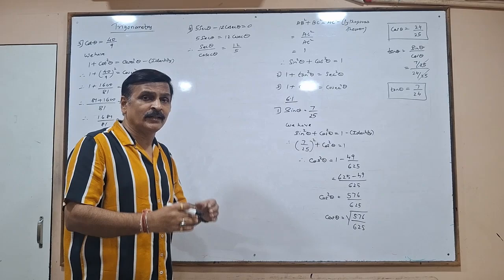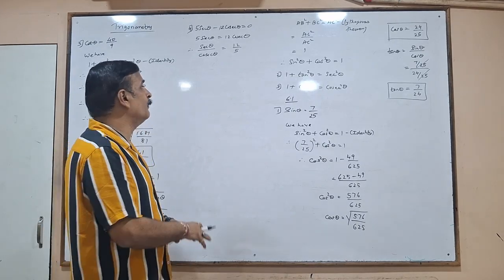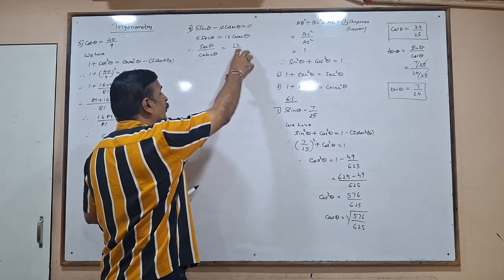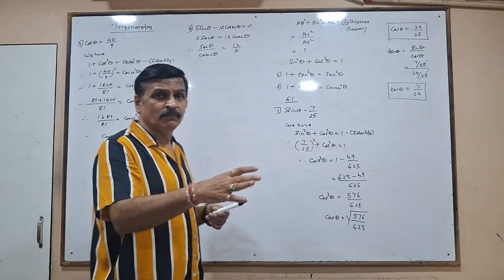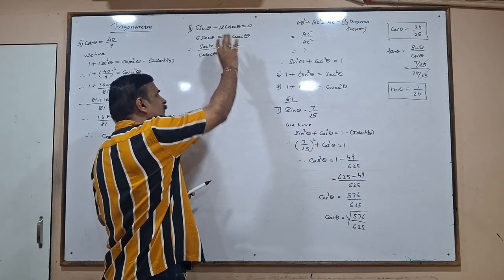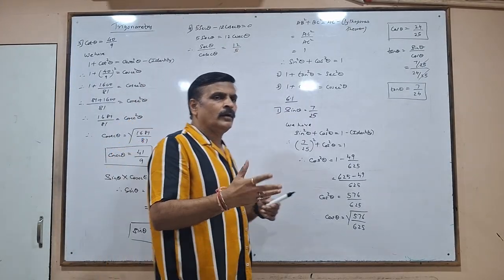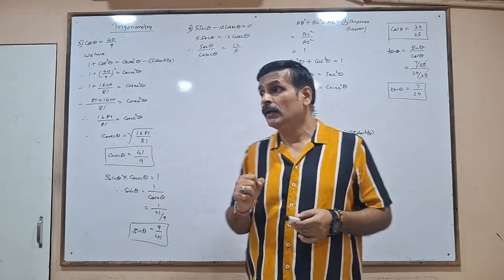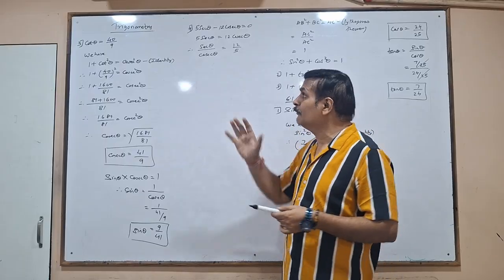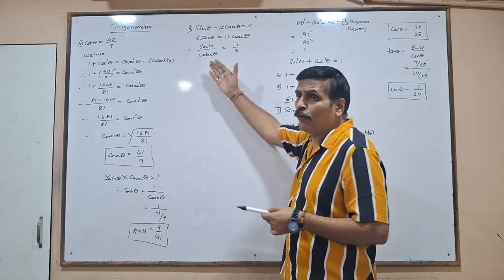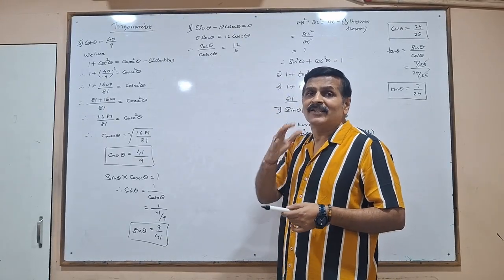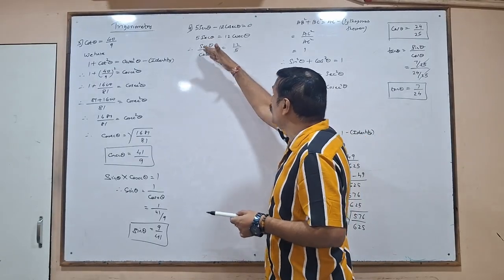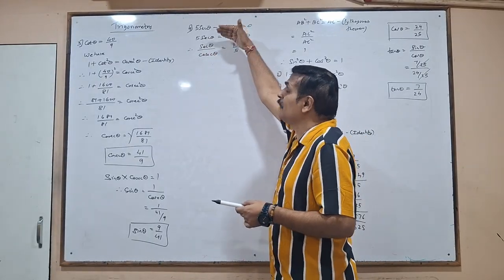90% of the time we are in a hurry in an exam, and by default we write it as 5 upon 12. Not an issue, anyone can be in a hurry, negligence is possible. I request only one thing: the moment I write this step, before you move on, please check that after cross multiplication, am I getting the previous step?